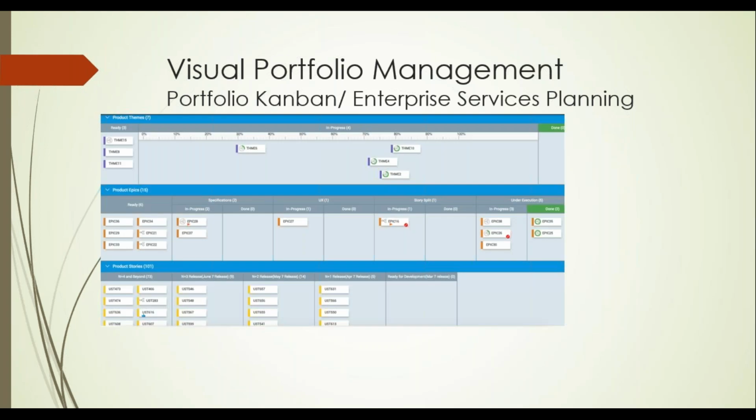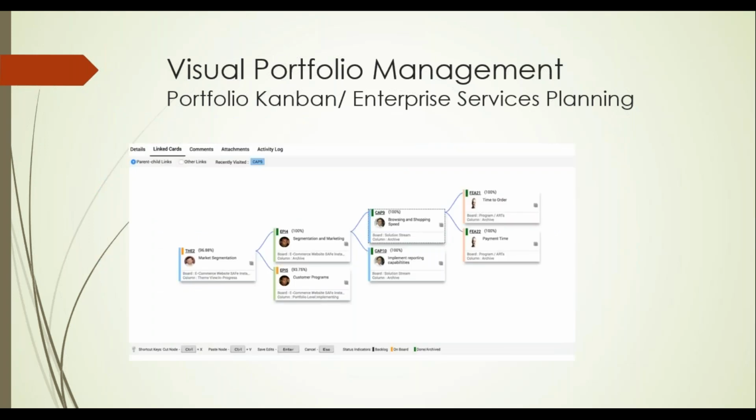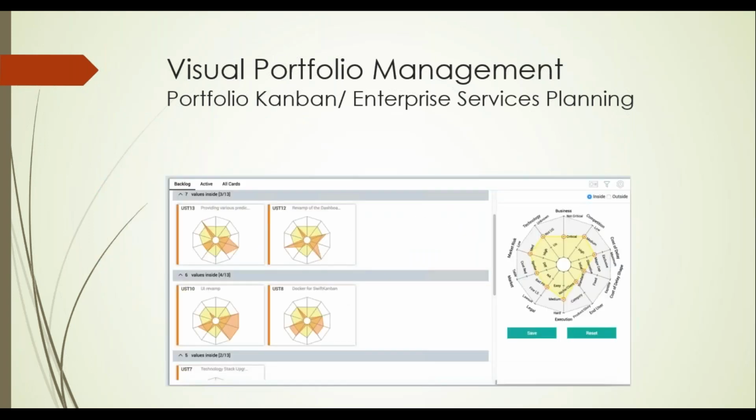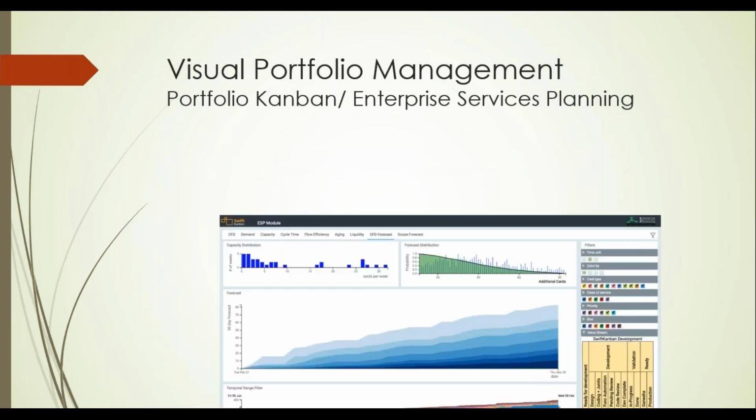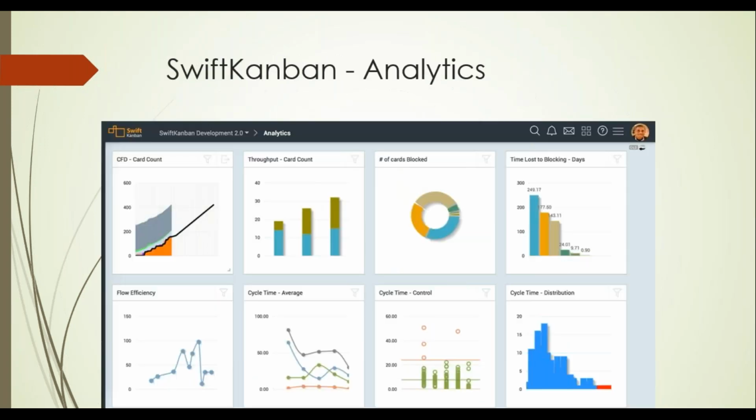You can track work across levels from the top right down to the intermediate planning and bottom operations and coordination work that you want to do. You can also build hierarchies, and there's some powerful risk management capability that helps you balance your demand and capacity. We also provide a bunch of analytics, forecasting, and enterprise level metrics, and all of this comes built in.